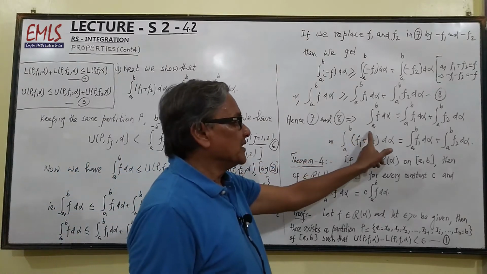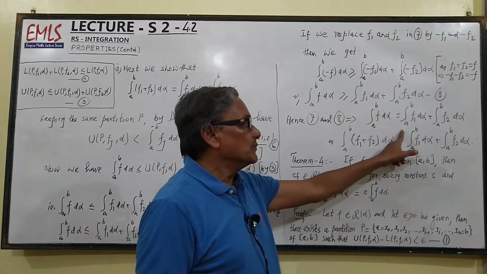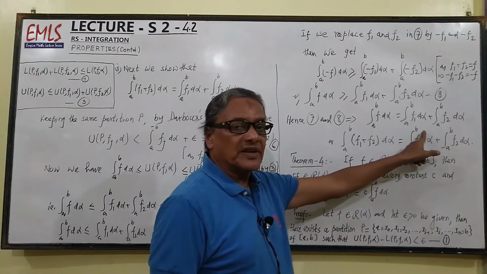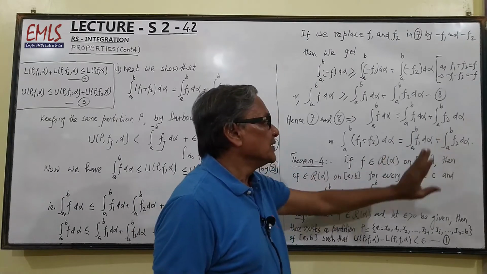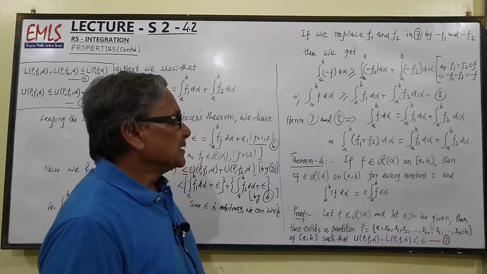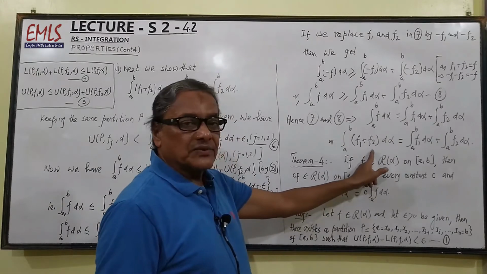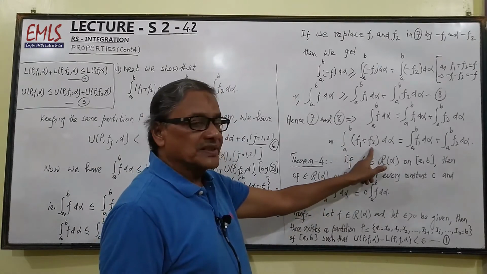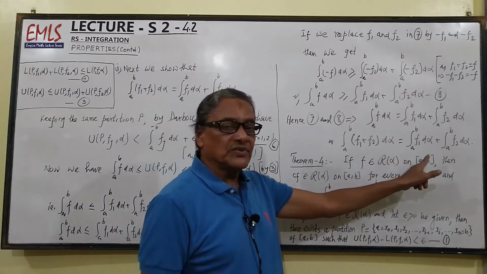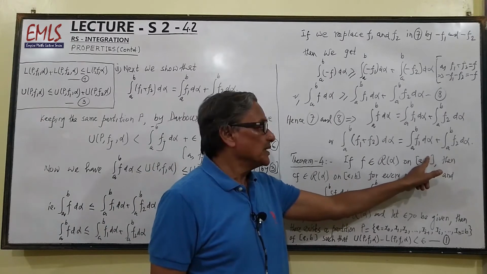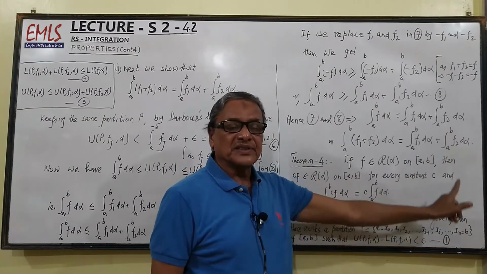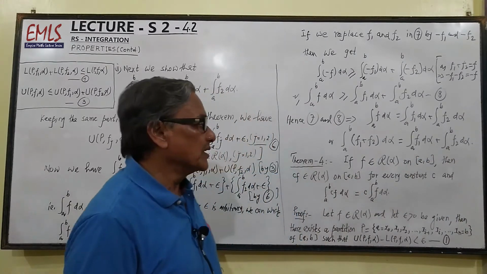The integral from a to b of f d alpha will be equal to the integral from a to b of f1 d alpha plus the integral from a to b of f2 d alpha. Or, since f is f1 plus f2, the integral from a to b of (f1 plus f2) d alpha will be equal to the integral from a to b of f1 d alpha plus the integral from a to b of f2 d alpha.